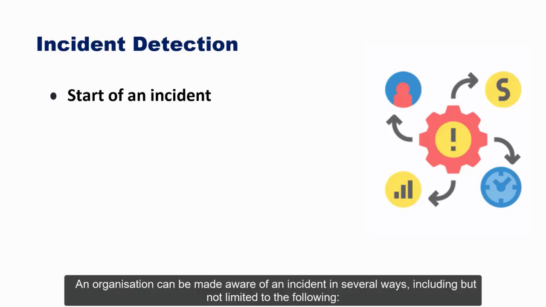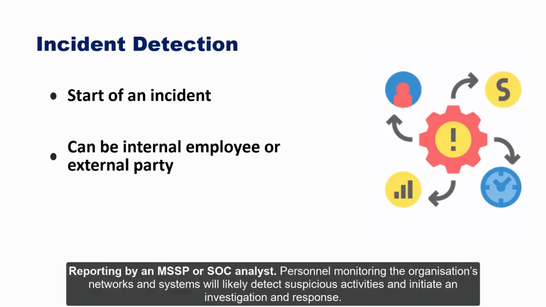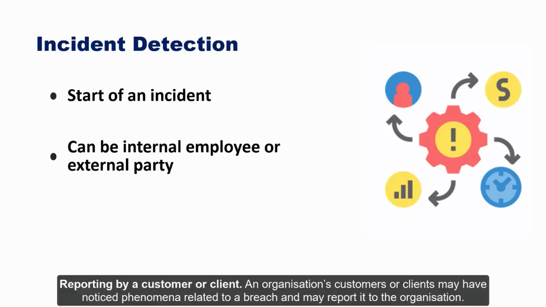An organization can be made aware of an incident in several ways, including but not limited to the following: Reporting by an employee. An organization's personnel can be aware of certain incidents, especially misbehavior by other employees. Reporting by an MSSP or SOC analyst. Personnel monitoring the organization's networks and systems will likely detect suspicious activities and initiate an investigation and response. Reporting by a customer or client.